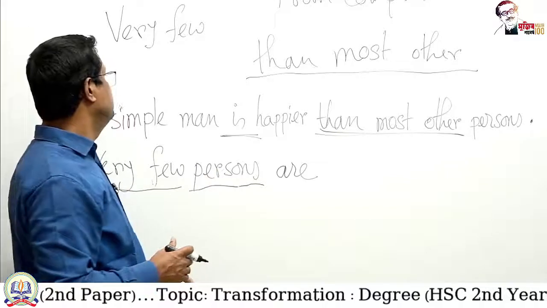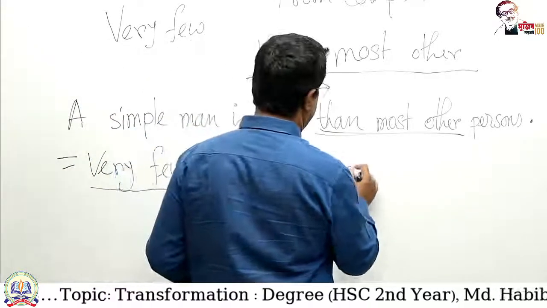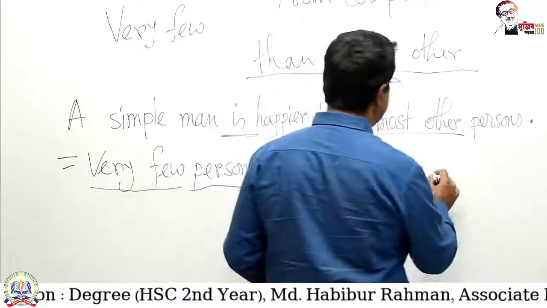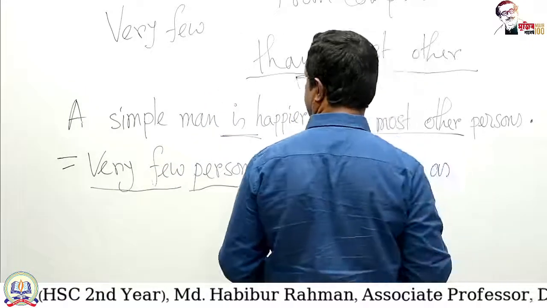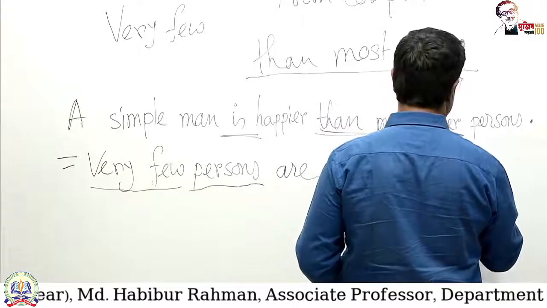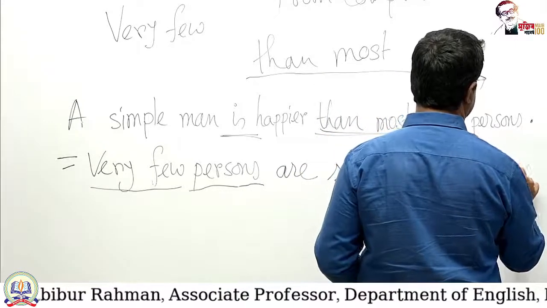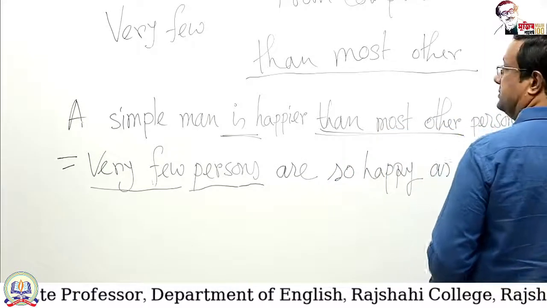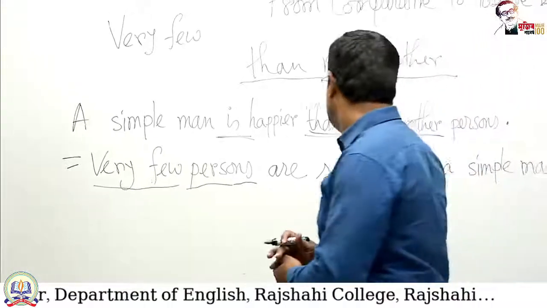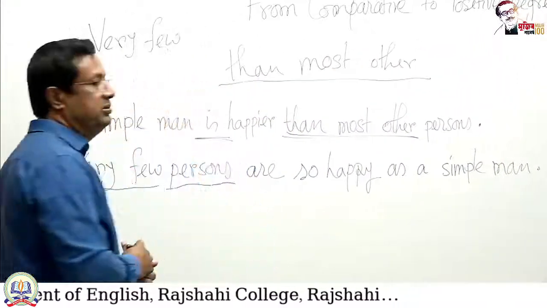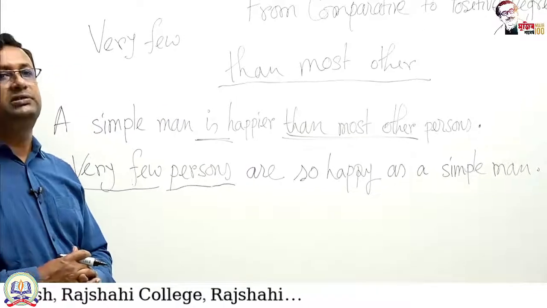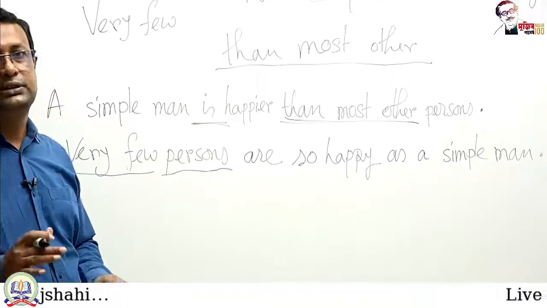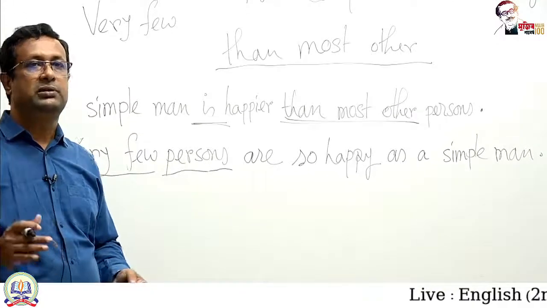Very few persons are so happy as a simple man. Very few persons are so happy as a simple man. Actually, simple persons, simple people are happier. This is general truth if you are able to avoid complexity.